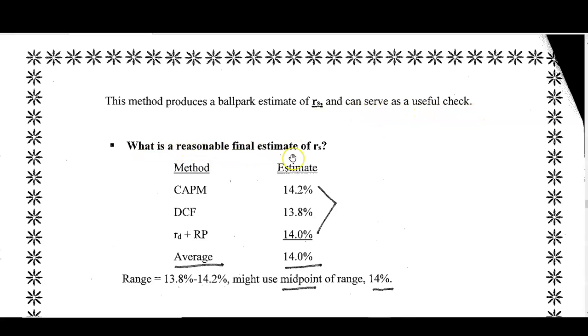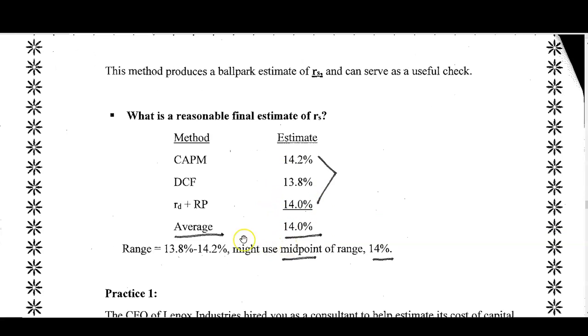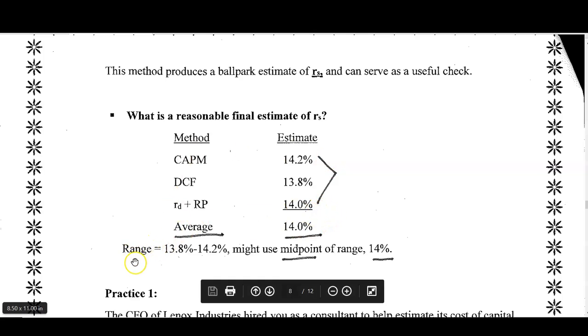What is a reasonable final estimate of RS when we have three methods and they have three different estimates, 14.2, 13.8, and 14? We can take the average, so the 14% is the average of the cost of common equity among the three methods. We can also see that the range is from 13.8 to 14.2, and the median or the midpoint of range is also 14%.